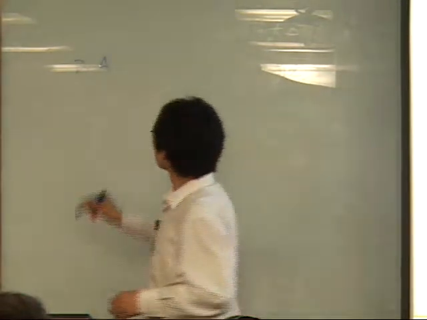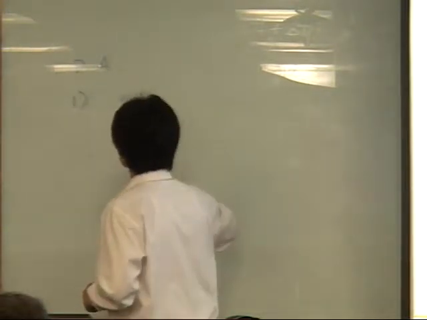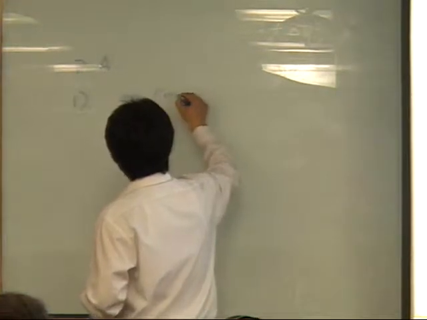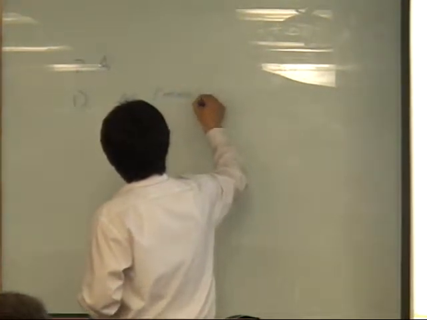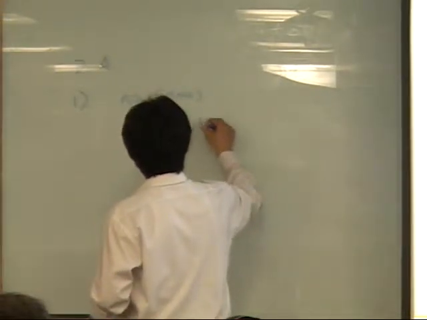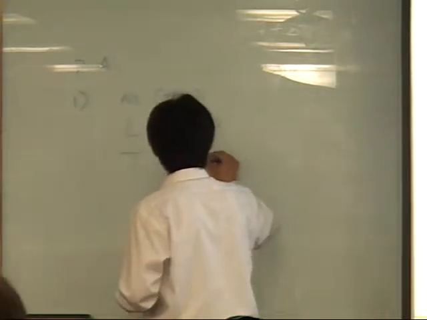So a traditional way to do dimensional analysis is we identify the three basic or fundamental scales: mass, length, time.